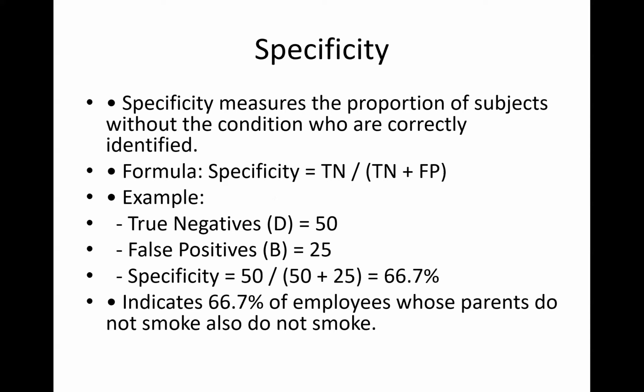So in the example in your book in chapter 6, we have the true negatives of 50, right, of employees whose parents do not smoke, who also don't smoke. And then the false positives are 25. So if we take those 50 and divide by 50 plus 25, we wind up with 0.667. So this indicates 66.7% of employees whose parents do not smoke also do not smoke.